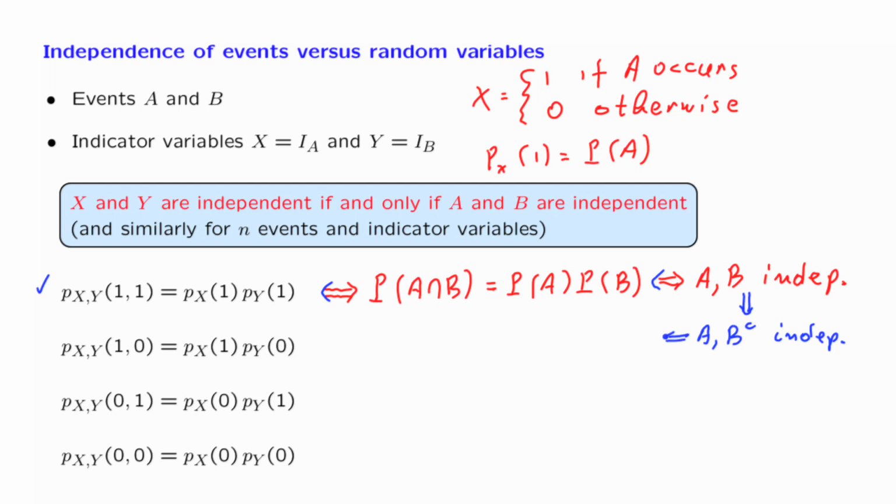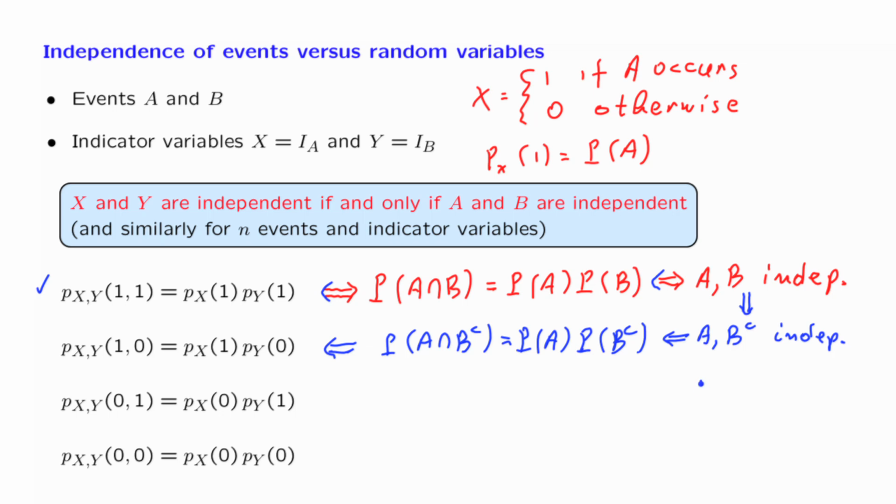Now, these two events being independent, by the definition of independence, we have that the probability of A intersection with B complement is the product of the probabilities of A and of B complement. And then we realize that this equality, if written in PMF notation, corresponds exactly to this equation here. Event A corresponds to X taking the value of 1. Event B complement corresponds to the event that Y takes the value of 0.